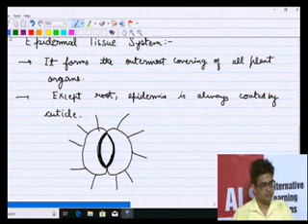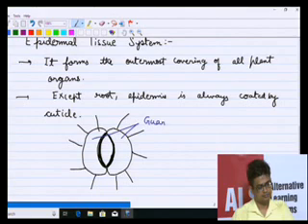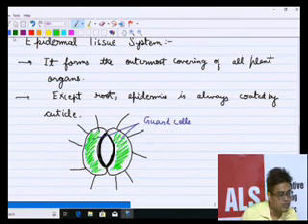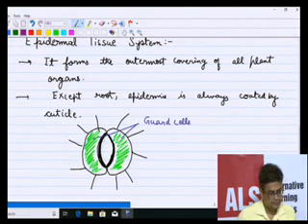These cells are called the guard cells. Guard cells. They are also green in color. I have not shown them with a green color, but they are actually green in color because of the presence of chloroplasts. And this small space, it is the opening called stoma.